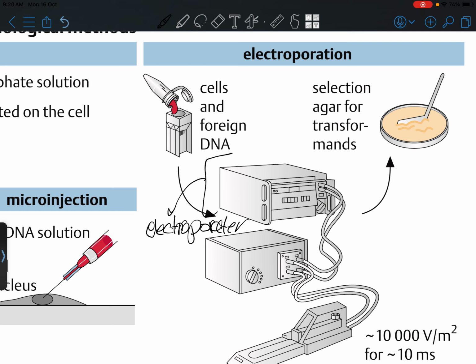So you put the cells and the DNA in one tube, then you put the tube inside the device, and the device will apply this high voltage or electric pulse. Okay.